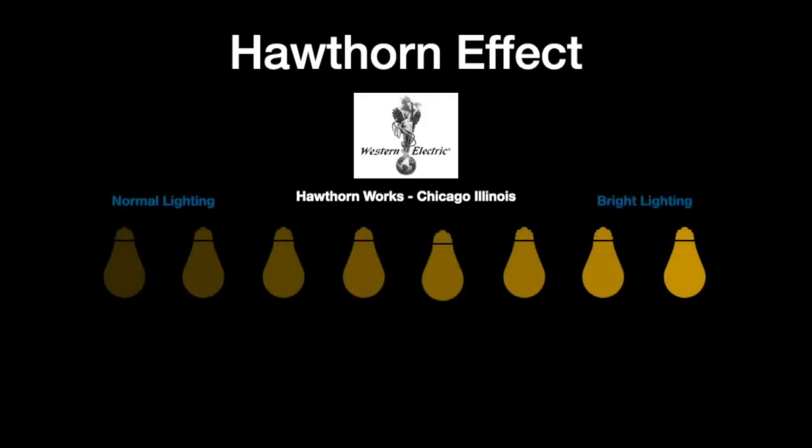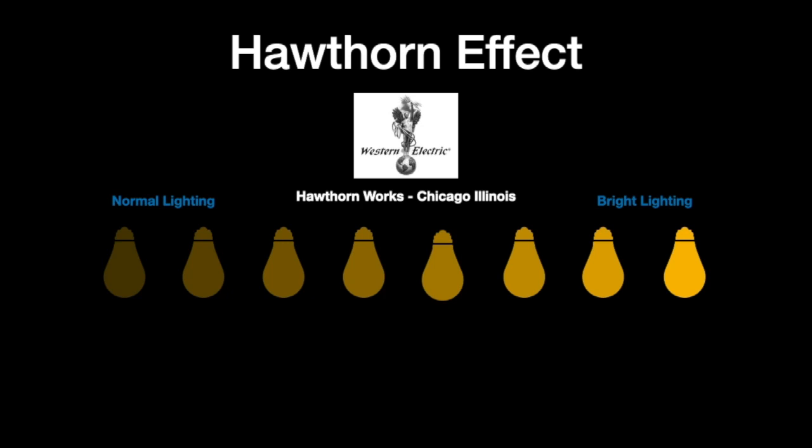Back to our Hawthorne plant and the experiment of the lights. So here we have the conditions under which the plant exposed their employees. You have normal lighting way over on the left-hand side, and then increasing degrees of bright light.